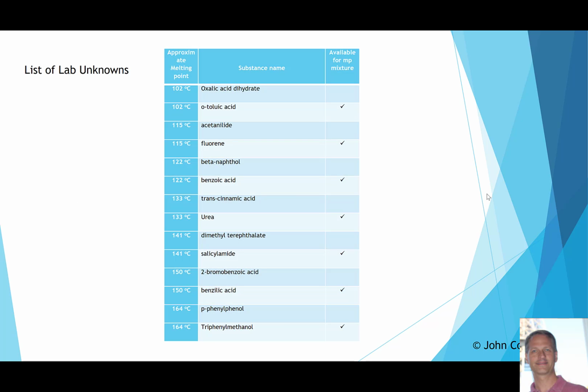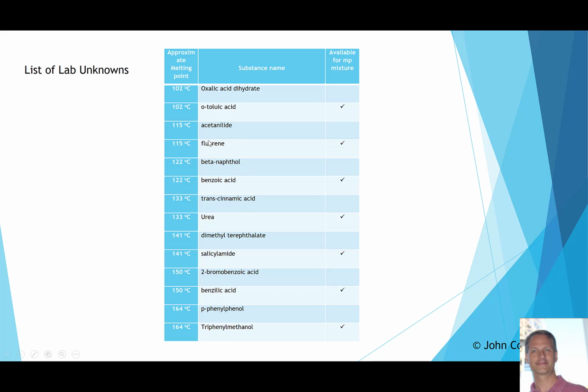In our lab, your unknown will be one of the following compounds. If you look over at the left column here, you see the approximate melting point, and you'll see that they're grouped together in groups of 2, right? Oxalic acid dihydrate and toluic acid both have melting points of about 102, all the way down to paraphenylphenol and triphenylmethanol, which have melting points of about 164.